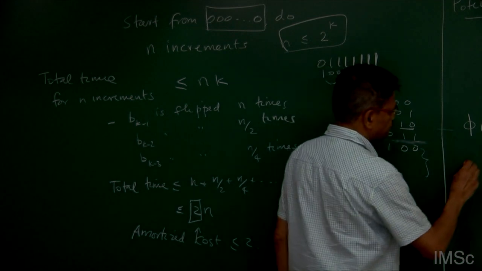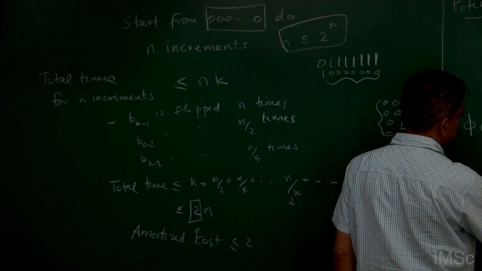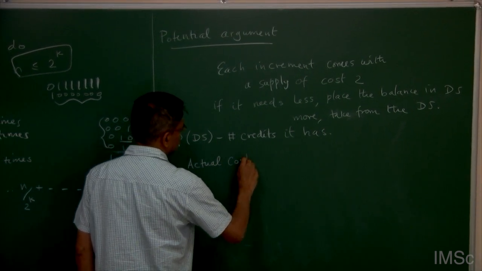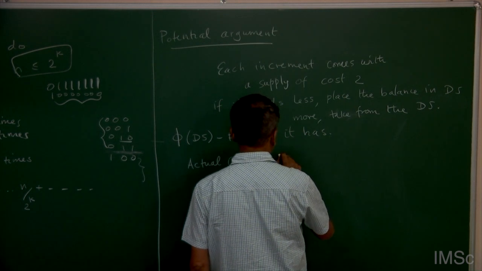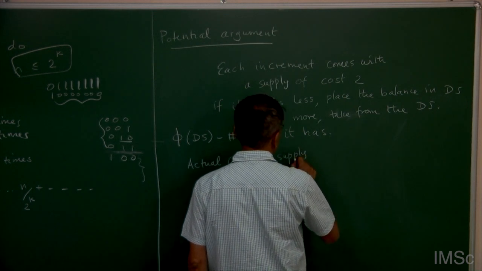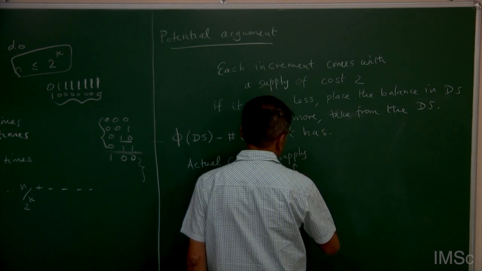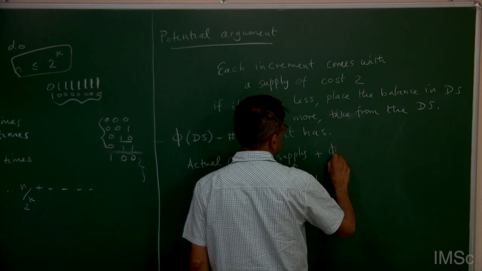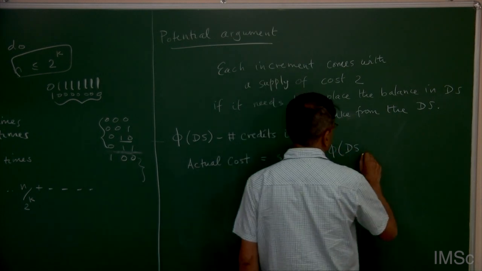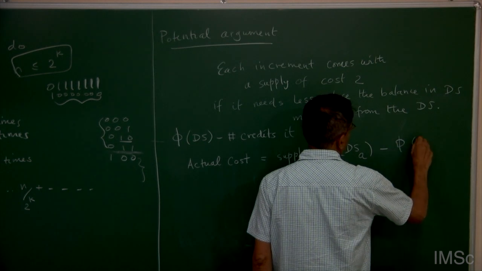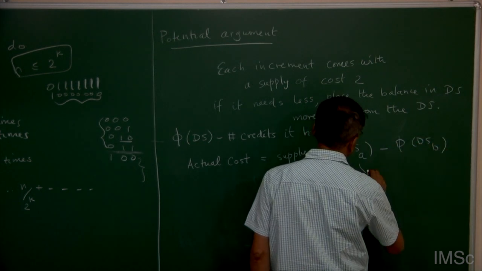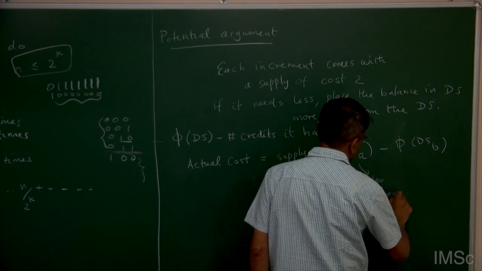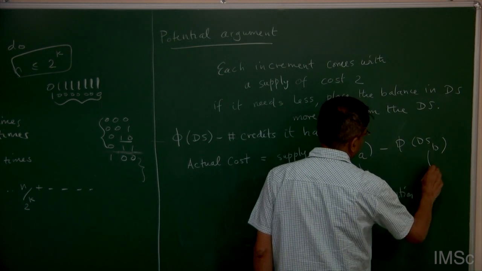So the actual cost is the supply, which I'm going to call the amortized cost, less the potential after the operation minus the potential before the operation.